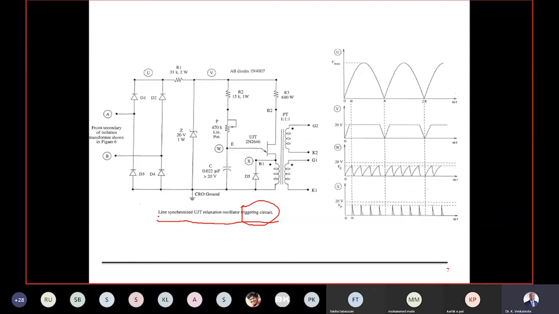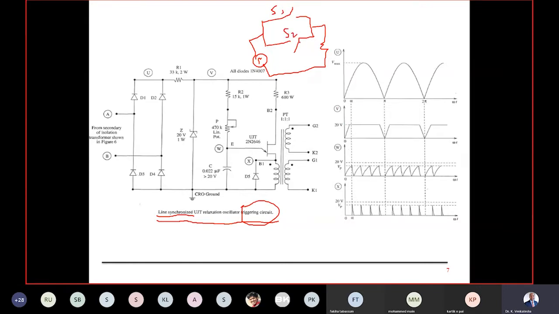So line synchronized. What do you mean by line synchronized? As I told you already, I'll give a small example. Say we have two switches, switch 1 and switch 2, connected anti-parallel, with this being my AC supply and this my load. I say this is switch 1, S1, and this is switch 2, S2.